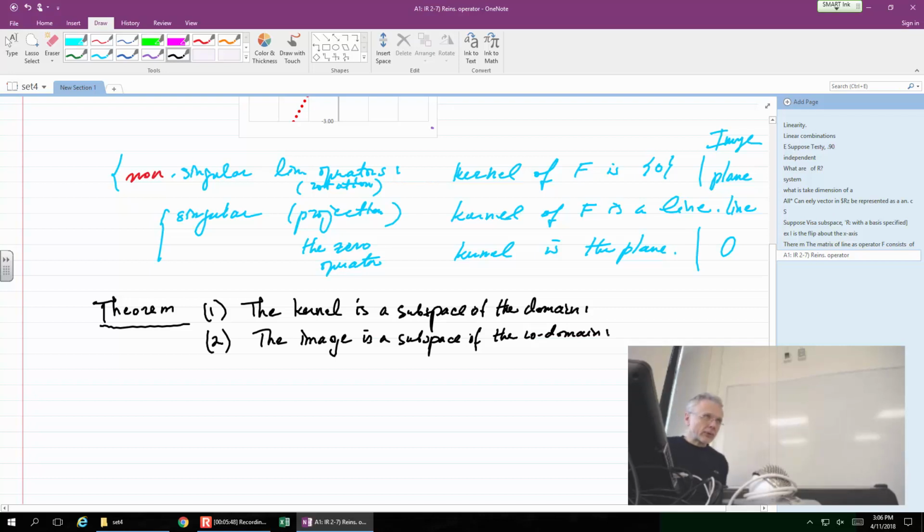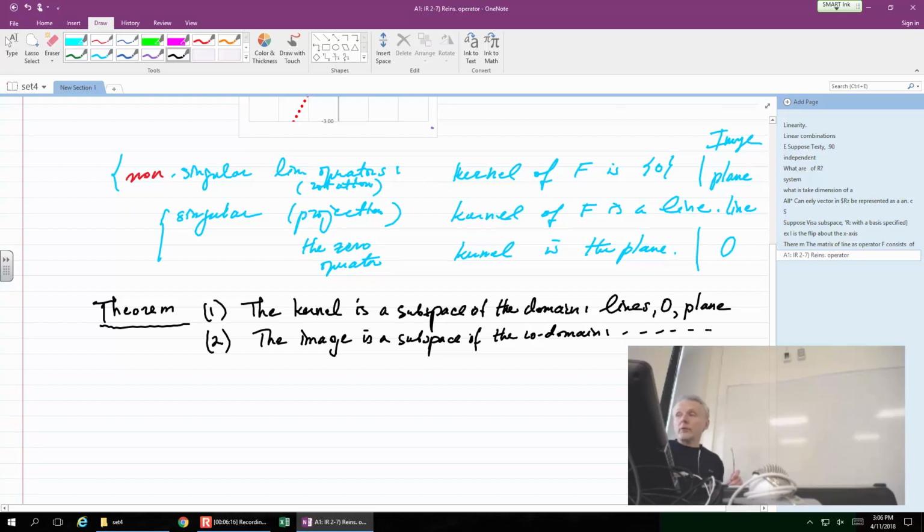Either one of them is two-dimensional. So what are the subspaces of a two-dimensional space? Lines. Not points, but the point 0. And the third option is what? The plane, yes.